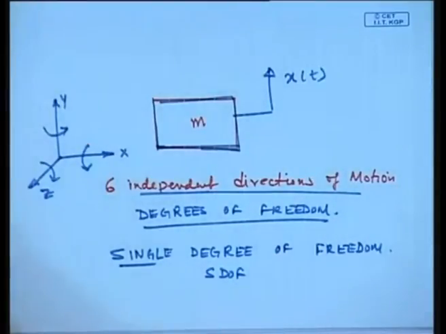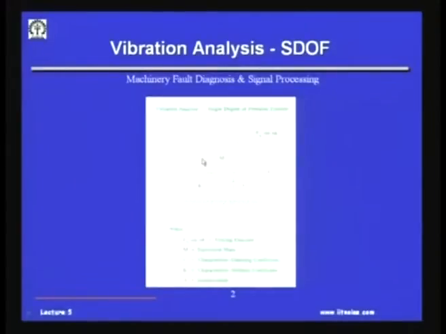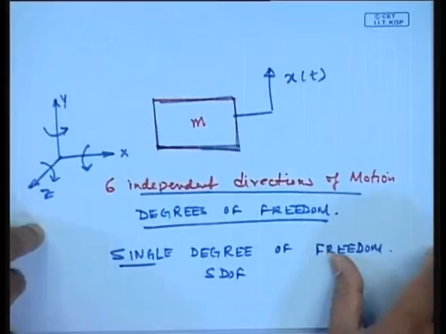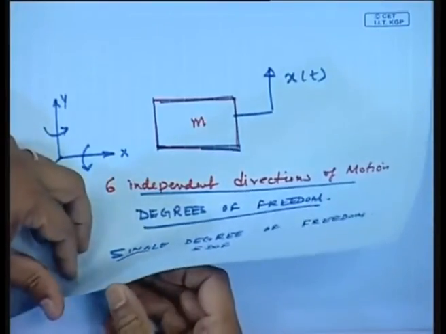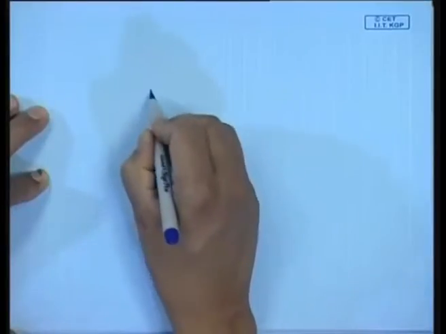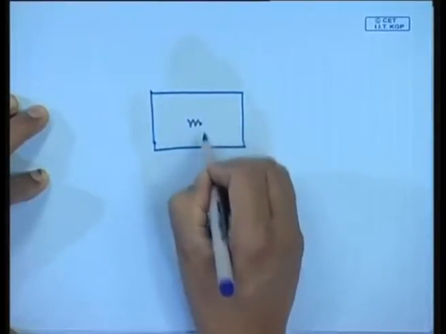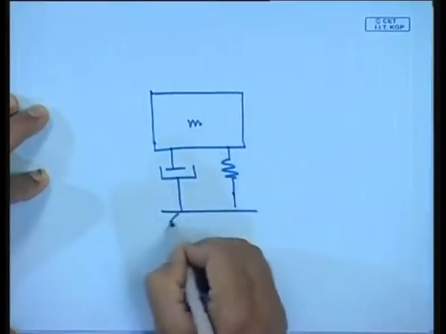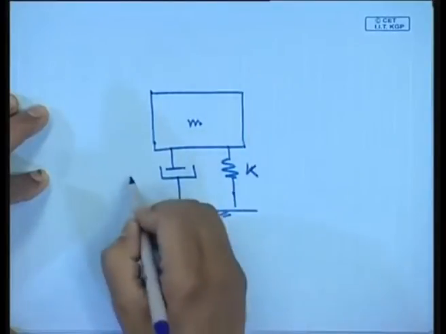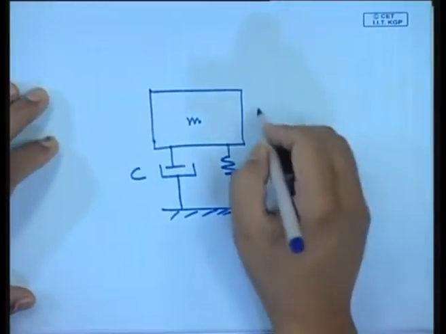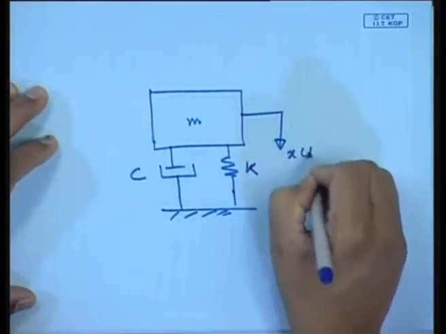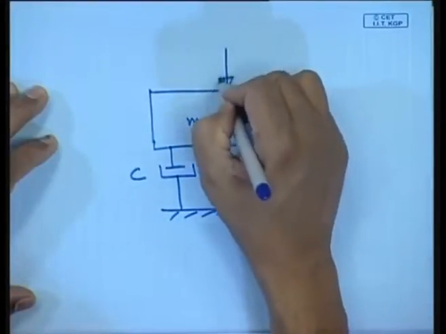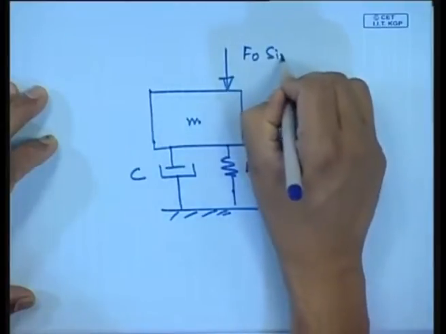So, if we look into this diagram over here, this body has a mass m, and though I have shown the direction x coming down, this body could very well be supported on a spring having stiffness K and a damper having a damping coefficient C, and suppose it has a motion in this direction, and I give a force F0 sin omega t.